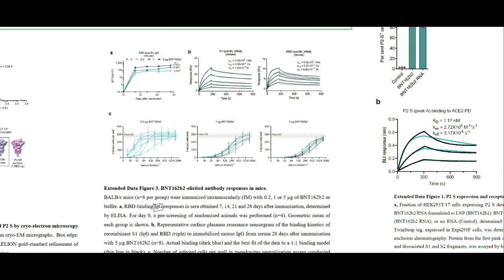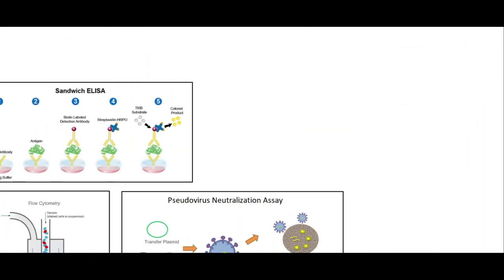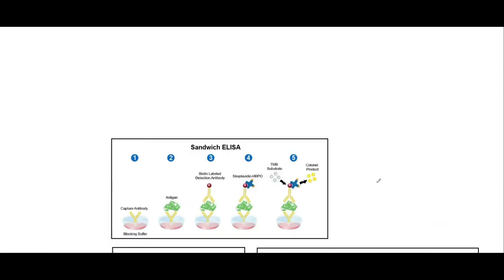And they can do that using a technique called ELISA, which I actually have over here. I don't think this is exactly the ELISA technique they used, but ELISAs are all similar in that you have your capture antibody, and then you put your antigen on it so that it's stuck to the surface, usually in something like a 96 well plate, and then you have your biotin labeled detection antibody.